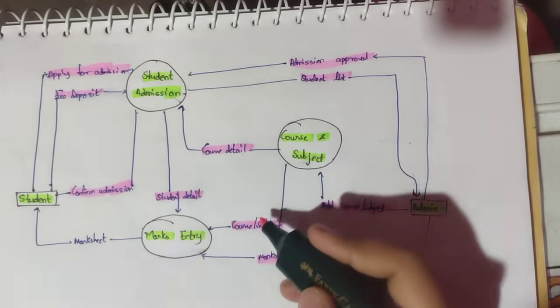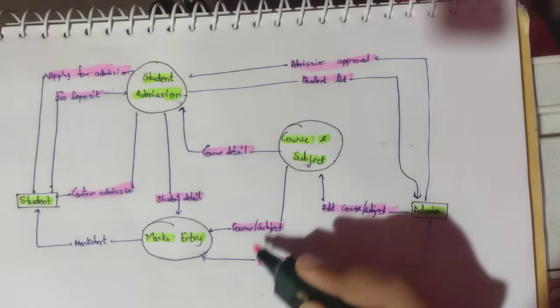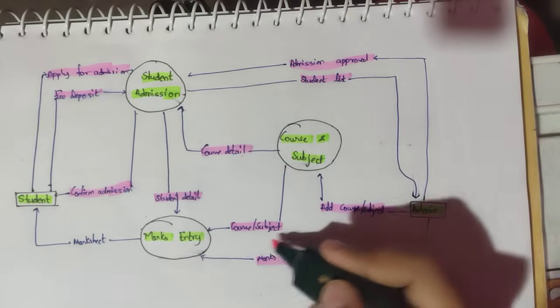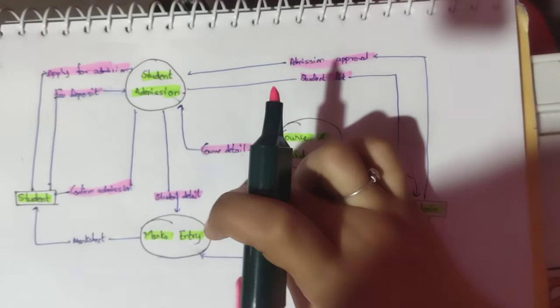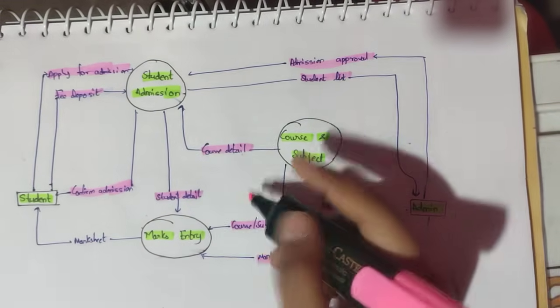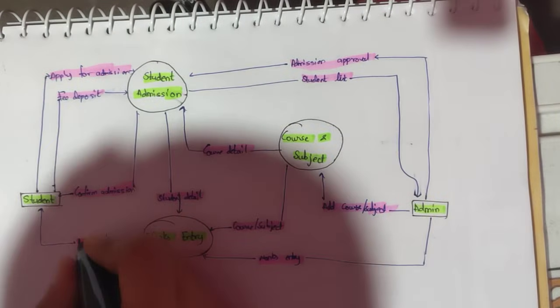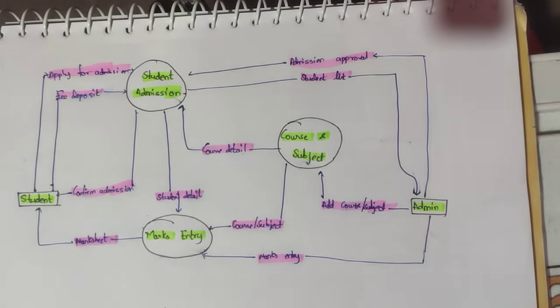Later on, you will get the course subjects for which the marks are being displayed, and you will get the marks, how much you got in which subject. So this is the system. In that one mark sheet, whatever you get, student details, course or subject, and marks entry, all of this combines and makes a mark sheet. Later on, the student will get his mark sheet for that semester, and for the whole course.